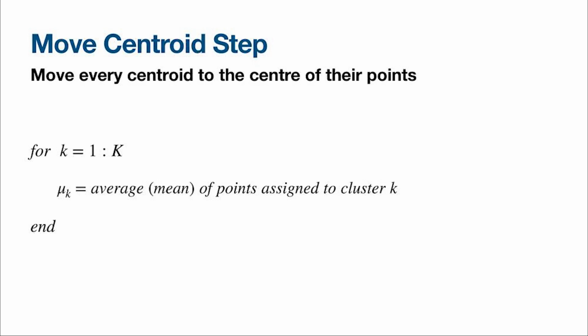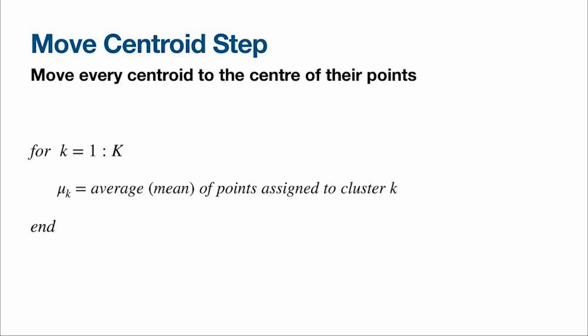Now you have to understand that every cluster centroid has a coordinate. It has a position in the feature space, the same as any training example. So let's say that each training example is three dimensional, that we have three features. Then every cluster centroid will also have a coordinate x, y, z.